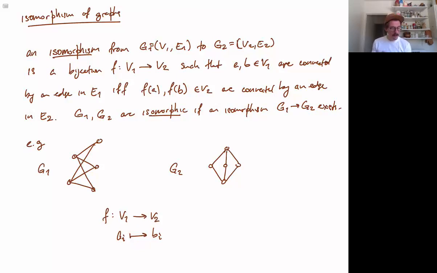All right, so let's label these vertices to describe what this isomorphism is. If this is A1, A2, A3, A4, and A5, then we should label B1, B2, B3, B4, and B5.